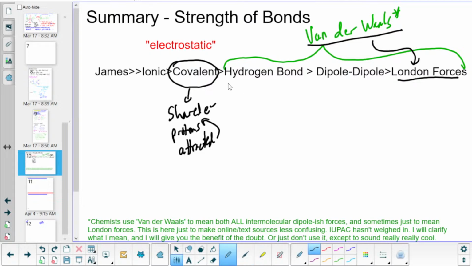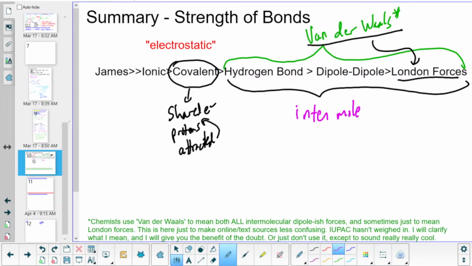So these are all what we call intermolecular forces.